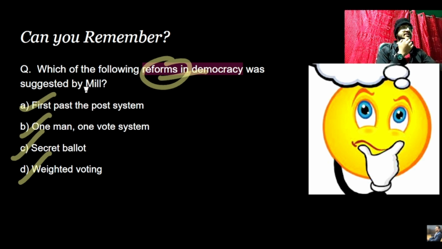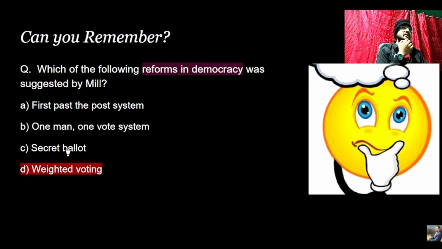All right, now let's see the answer. It is the weighted voting system. Under his plural voting system, Mill propounded the idea of a weighted voting system, where the weightage of votes of men who are more able, more educated and from the propertied class should be more than that of common people.